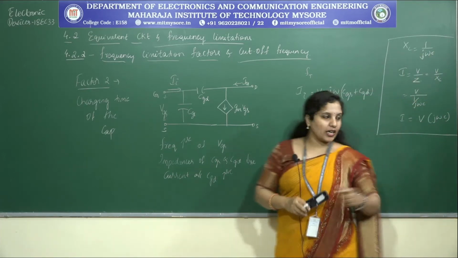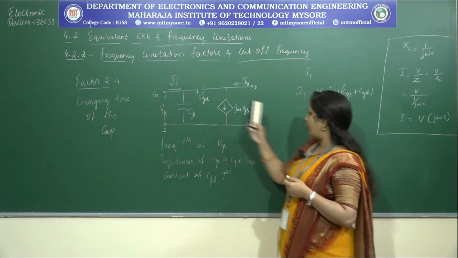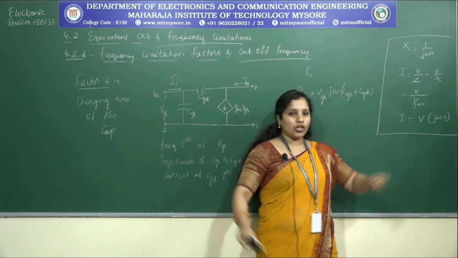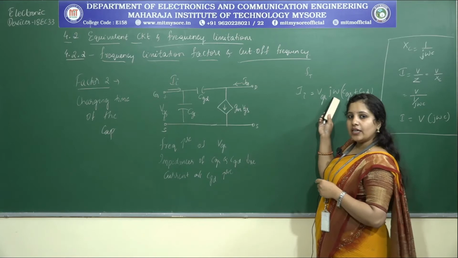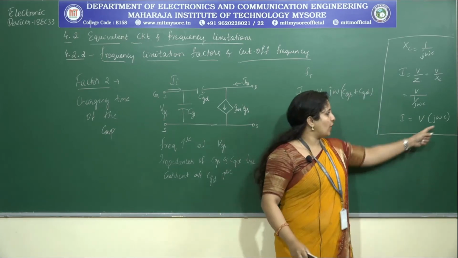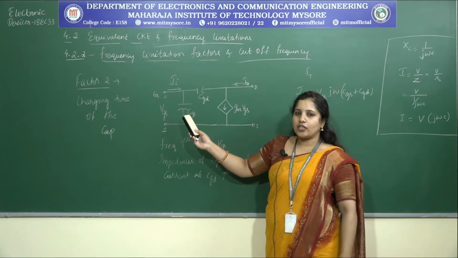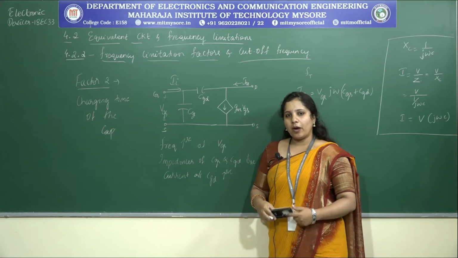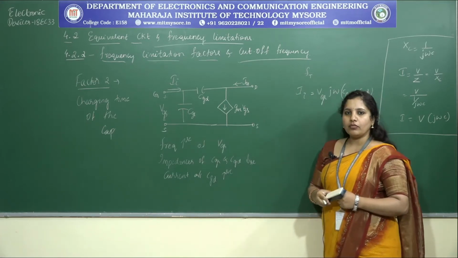Now, which is the current that relates to in the circuit? It is the input current. Therefore, I have written it as II. And then, what is the voltage? Here I am providing VGS. Therefore, I have written VGS into j omega. And instead of capacitance, what do I have to consider here? I have to consider the effective capacitance. How is the effective capacitance obtained? Since both of these are parallel, I have to add them up in the case of capacitors, and that is what I have written here. Done.